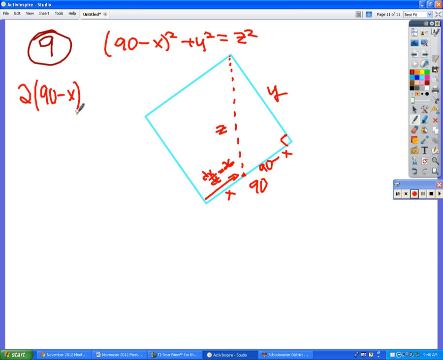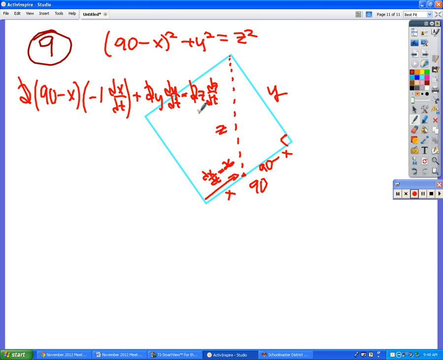So the first thing he's doing is taking the derivative of the exponent, and now he's going to multiply that by the derivative of the second side, which is negative 1 dx/dt, plus 2y dy/dt equals 2z dz/dt. And cancel the 2's, okay, cancel all the 2's.